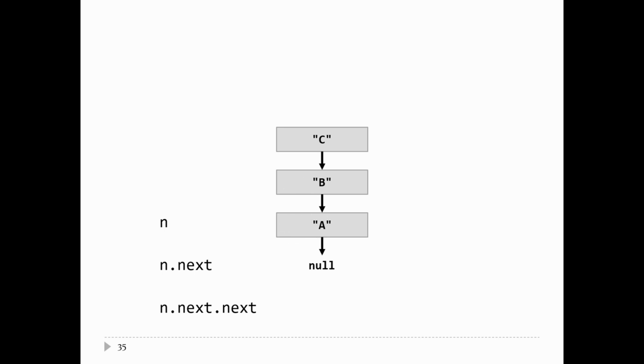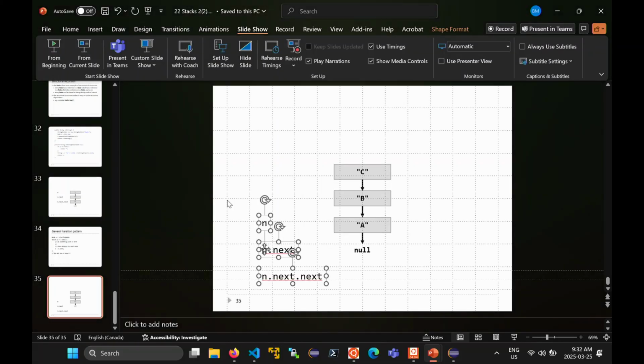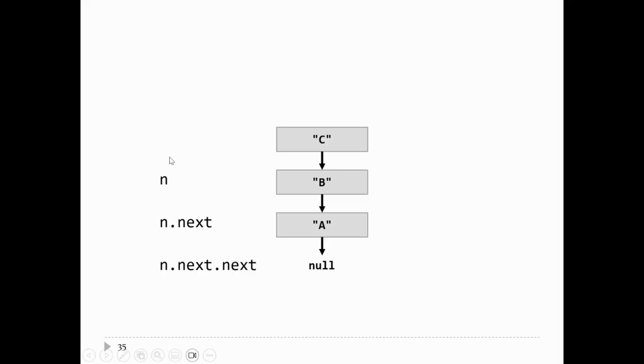If you need a reference to the second last node in the sequence, just slide all this stuff up one. Now you're going to stop when n.next.next is null. So when n.next.next is null, n is referring to the second last node in the sequence. And that might be useful for certain types of problems. In particular, it's useful for the next assignment, which will come out later this afternoon. In the next assignment, there will be a question where you want to stop at the second last node in the sequence.